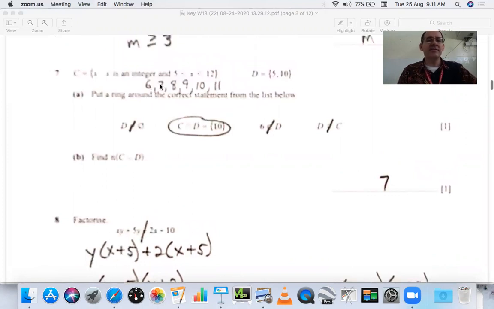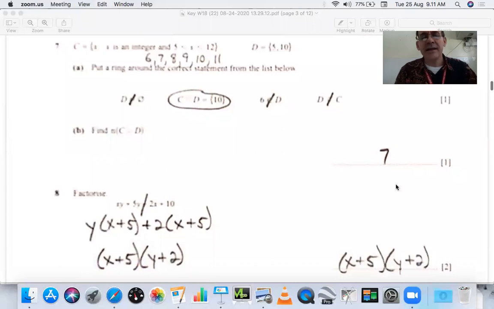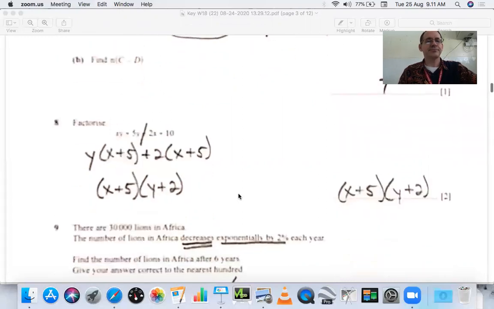So here we have 6, 7, 8, 9, 10, and 11. There's 6 items there. We already have the 10 included, and so we need the 5. So these 6 plus the 5 give us a total of 7 elements when you join together C and D. So 7 is the number.